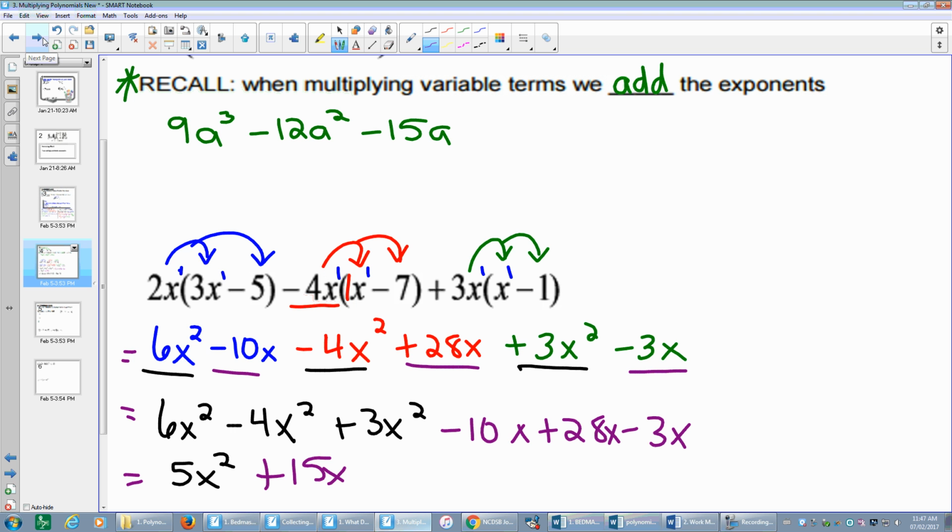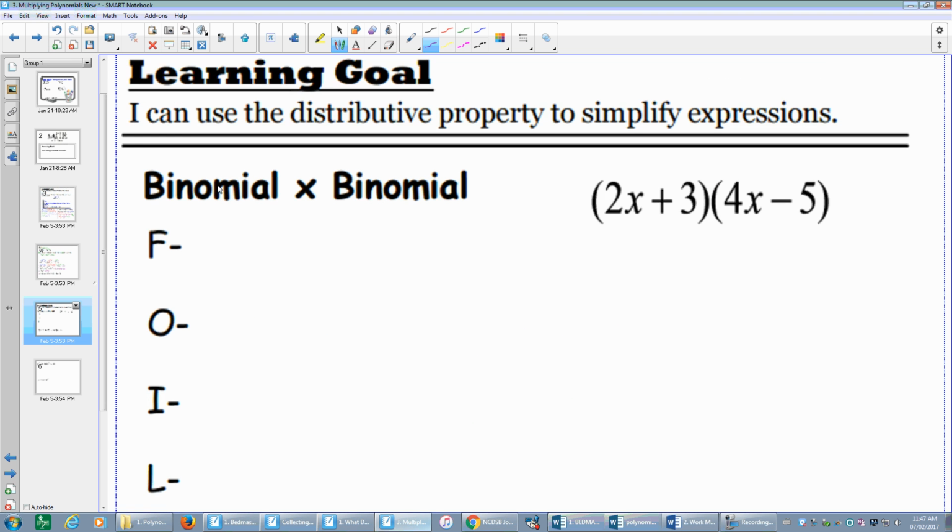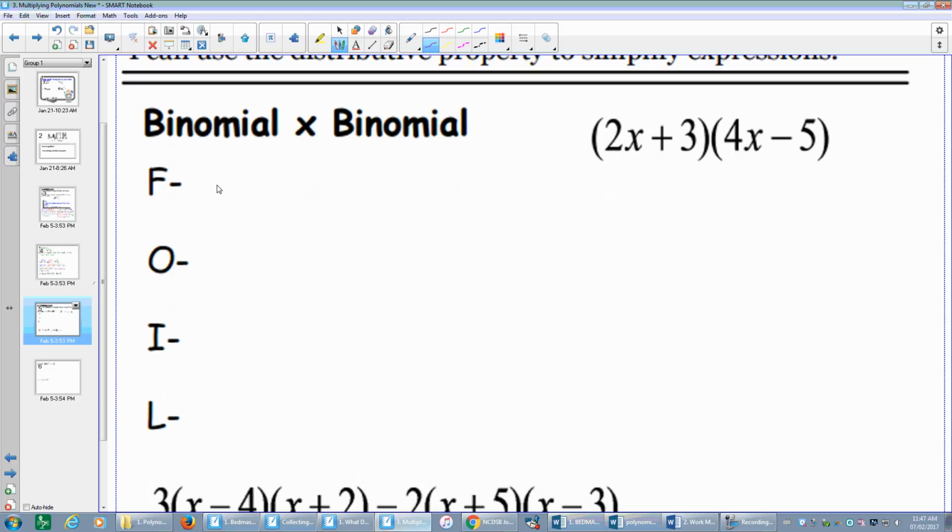Okay, our next step is that we are going to be doing a binomial times a binomial. Now we had an acronym that you would have been exposed to last year, which is FOIL, to help us remember which terms to multiply together.